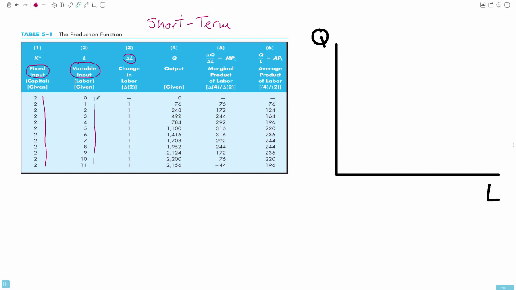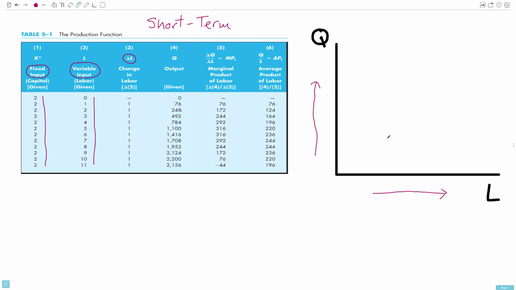Now, notice that as you increase the amount of labor, the level of output increases from 0 to 76 when you hire 1 person, to 248 units when you have 2 workers, 492 when you have 3 workers, and so on. Now, this is important because essentially what you are saying is this: when you increase the amount of labor in this direction, the amount of output is going to increase.